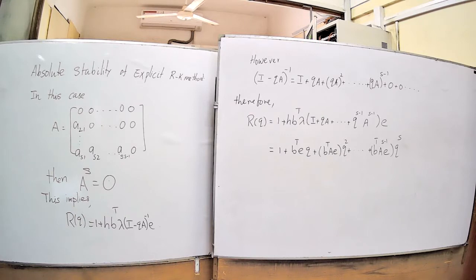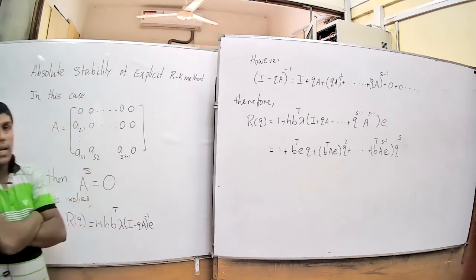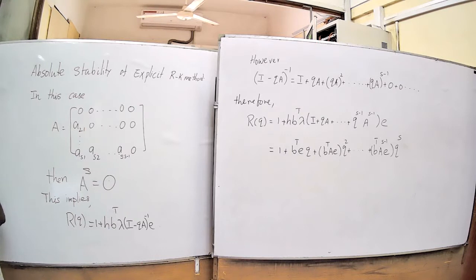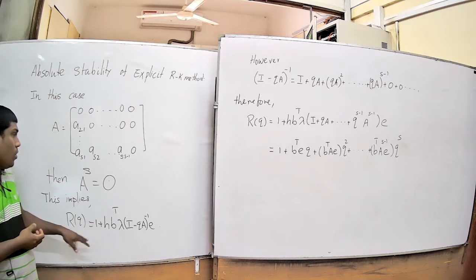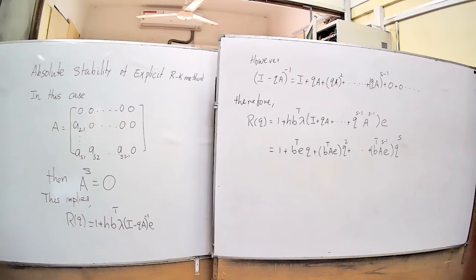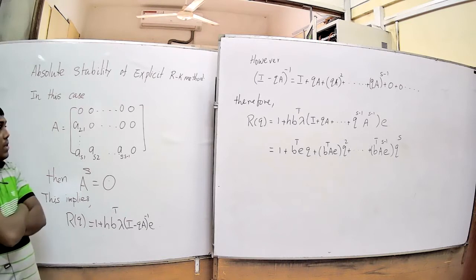In the case of explicit Runge-Kutta method, you know that the associated matrix A is a strictly lower triangular matrix. So when you raise it to the power s, it will be 0. So s plus 1, s plus 2, all the powers are 0. But you know that R of q is of this form, right? So 1 plus h b transpose times lambda times (I minus qA) inverse e, right? So that is how we define R of q in the original method.